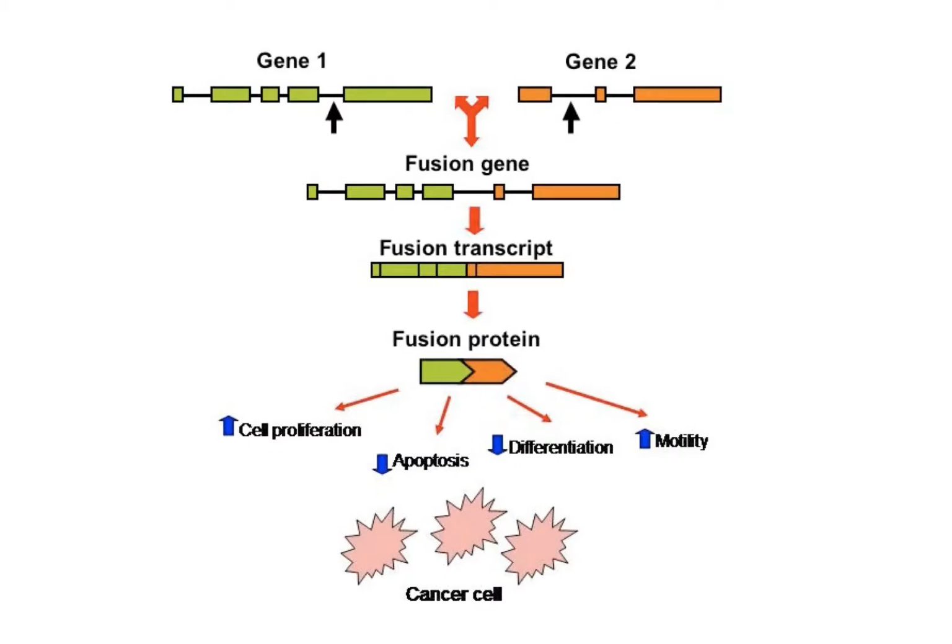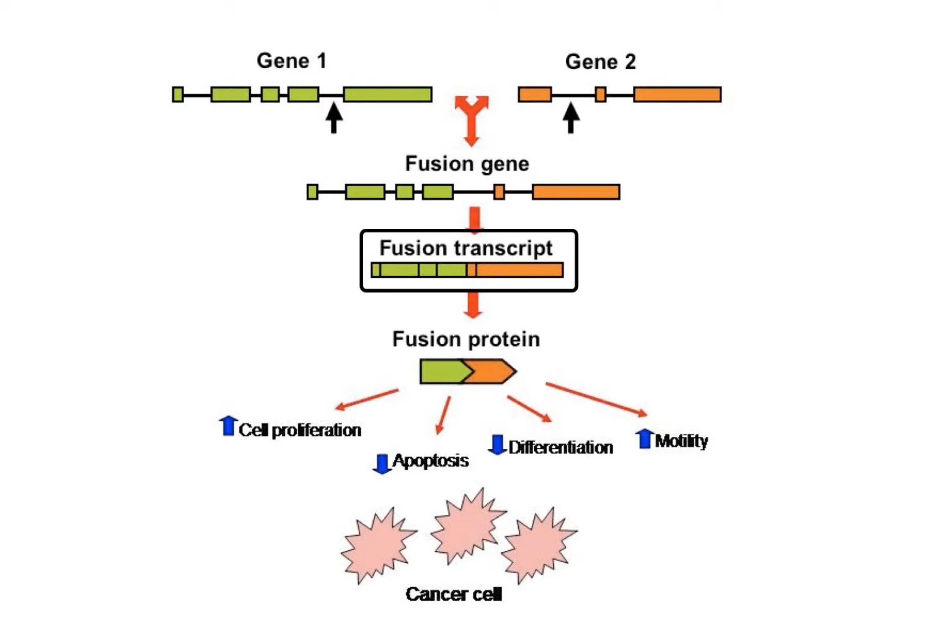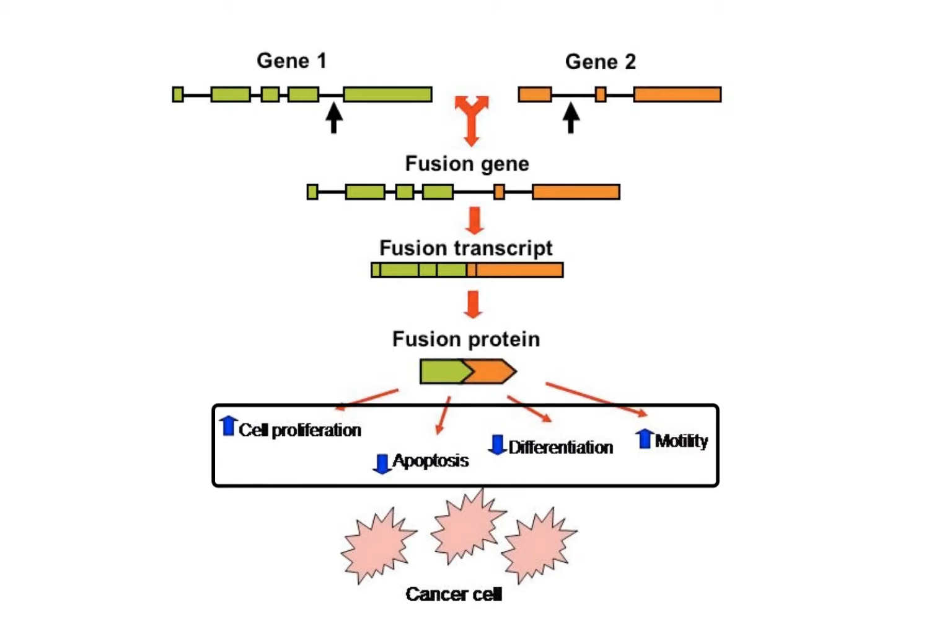Many of these cause fusion genes, that is, the crossover occurs between two genes, usually in an intron region. That causes a fusion transcript and then a fusion protein. And many of those cause increased cell proliferation, decrease in apoptosis or cell death, decrease in differentiation, and increase in motility.